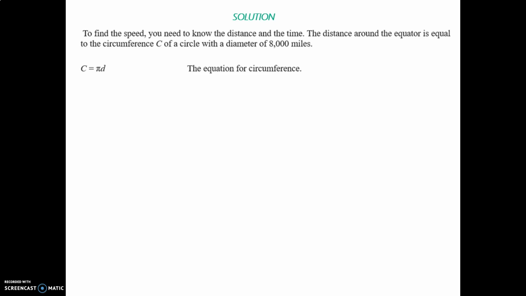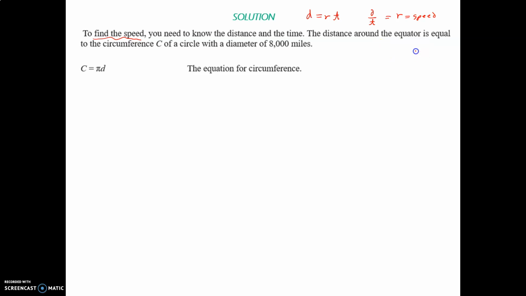So first they say, what's speed? To find speed, I know from Algebra 1, distance equals rate or speed times time. So if I want to solve for the rate, I divide both sides by t, I get distance over time. So that is what my speed is, distance over time. Okay, so you have to know the distance and the time.